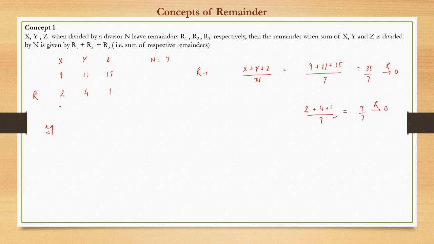Now suppose x is 18, y is 91 and another number z is 112, and n is now 12. Okay, so what are the individual remainders here?